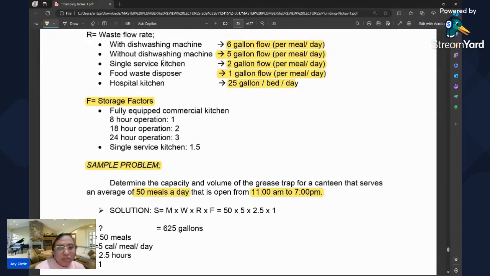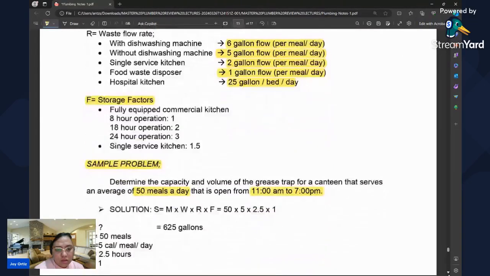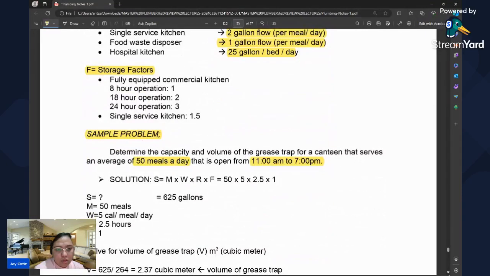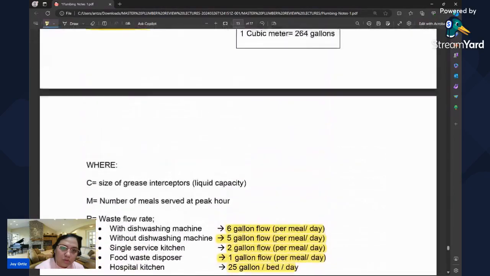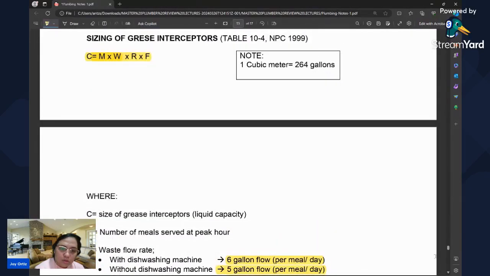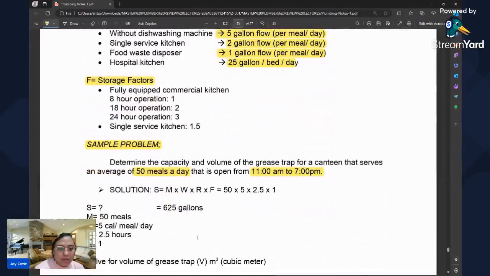Sorry, mali ako. Ano yung W? CMW. Tama. Waste flow rate. That is a 5 gallon flow per meal per day. Okay. Tapos R. What is R? 2.5 hours.